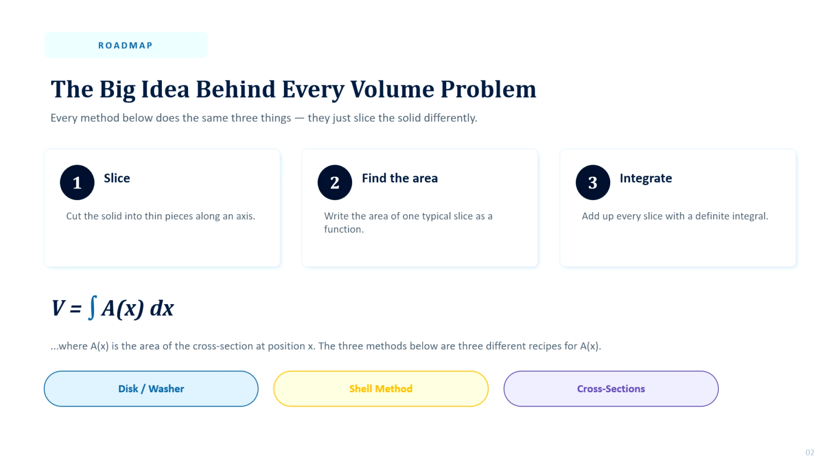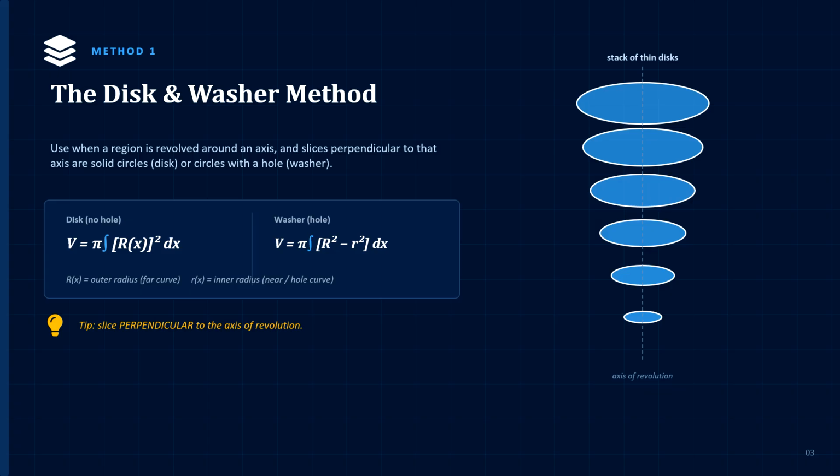First, let's start with the disk and washer method. The disk and washer method is what you use when a flat region is spun around a line to create a solid, and each small slice perpendicular to the axis is a circle.